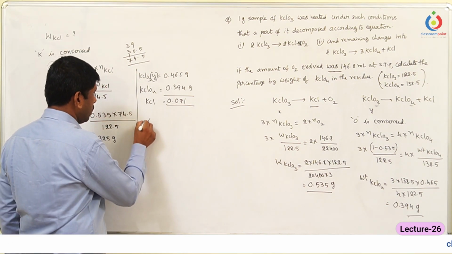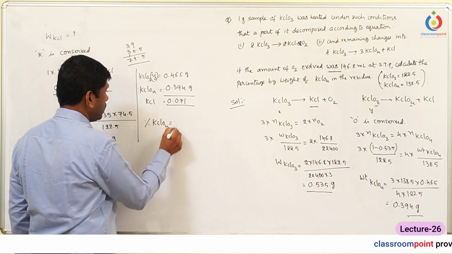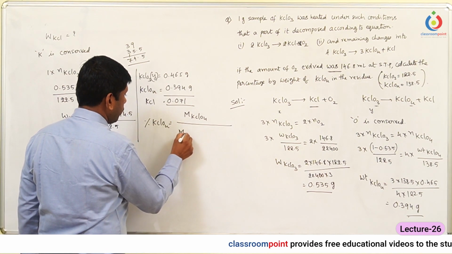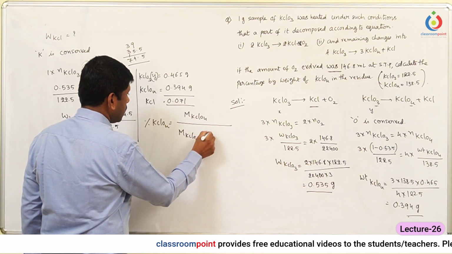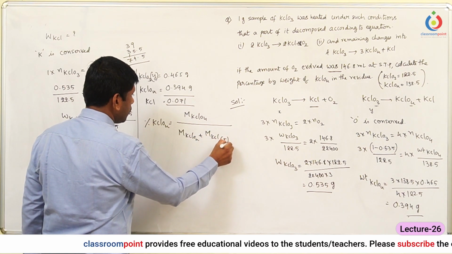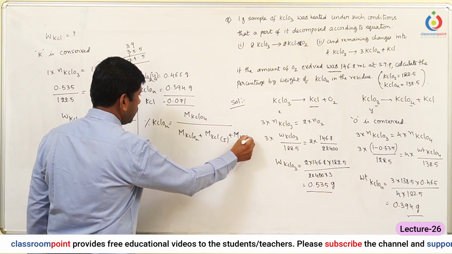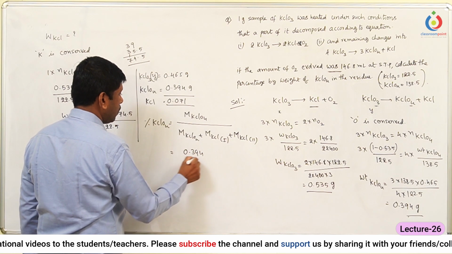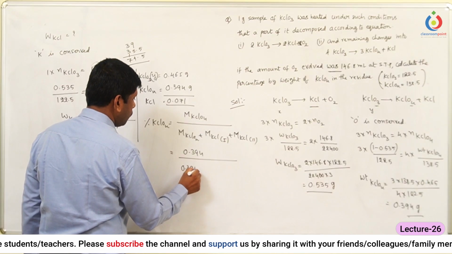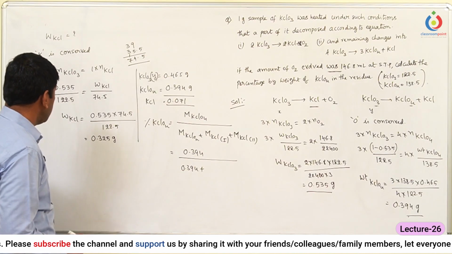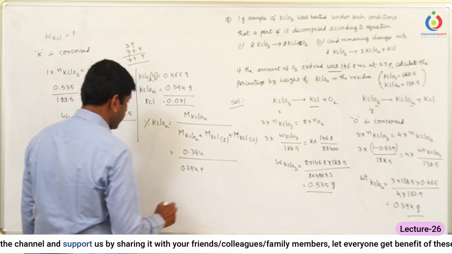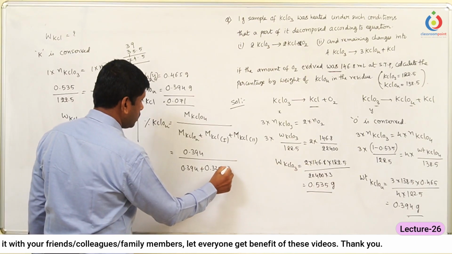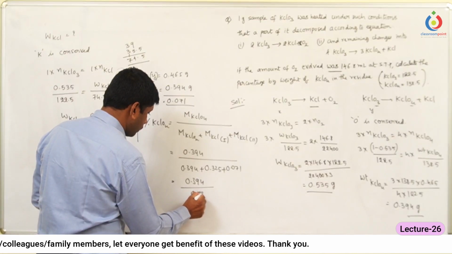So now the percentage of KClO4 equals the mass of KClO4 divided by the mass of KClO4 plus the mass of KCl produced in the first equation plus the mass of KCl produced in the second equation. The mass of KClO4 was 0.394, divided by 0.394 plus the mass of KCl produced in the first equation, 0.325, plus the mass of KCl produced in the second equation, 0.071.